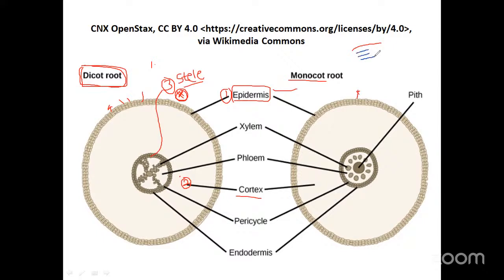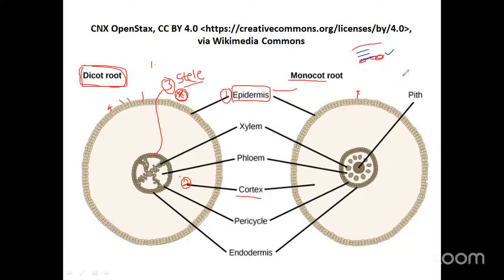The last cortex layer is the endodermis. This is the endodermis. Let's change color. Red colored thickenings are there. These are called Casparian bands. But these Casparian bands leave gaps exactly where the protoxylem is.